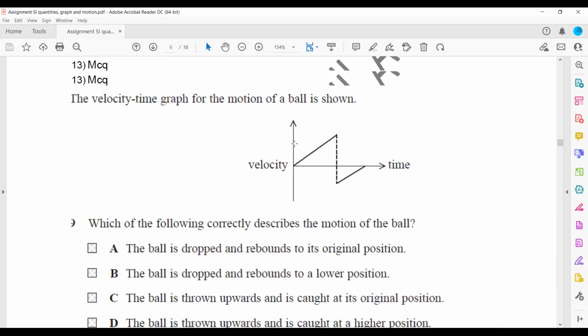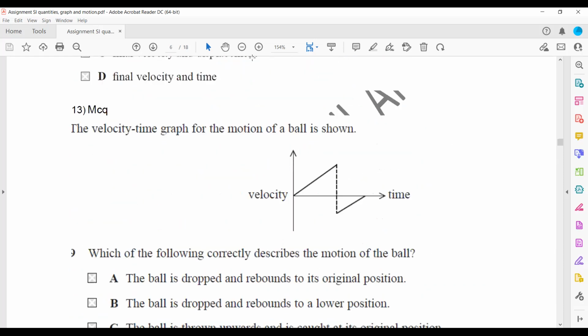So what happened when you see this? Here we have a positive velocity, because question 14 is related to question 13. So what happened to velocity here? Velocity is increasing.